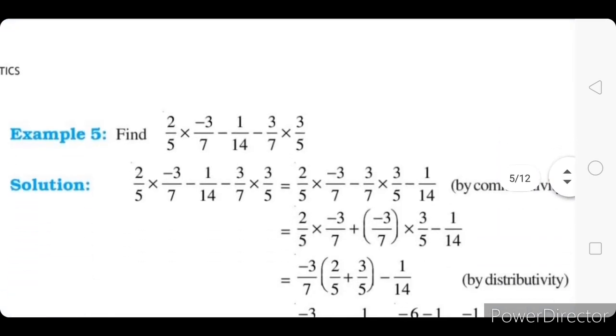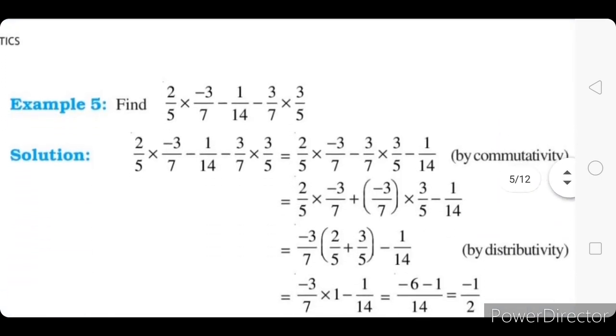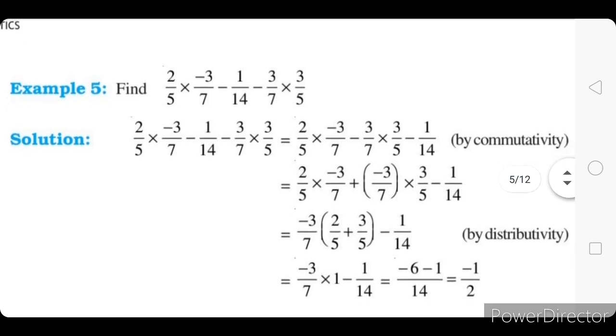And then example number 5. Understand this properly, because we will use commutative and distributive property both in this question. You can see in the statement: 2 upon 5 into minus 3 upon 7 minus 1 upon 14 minus 3 upon 7 into 3 upon 5.